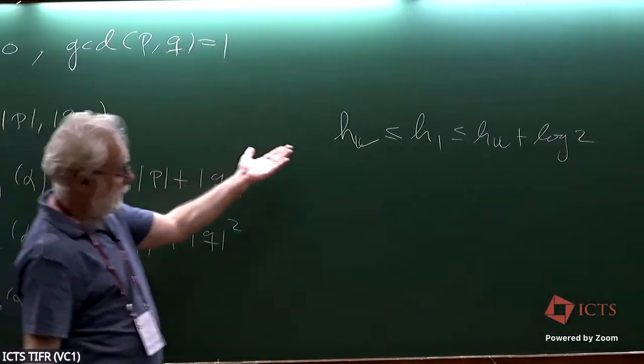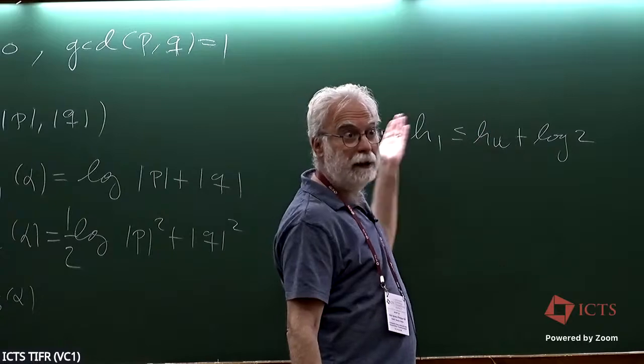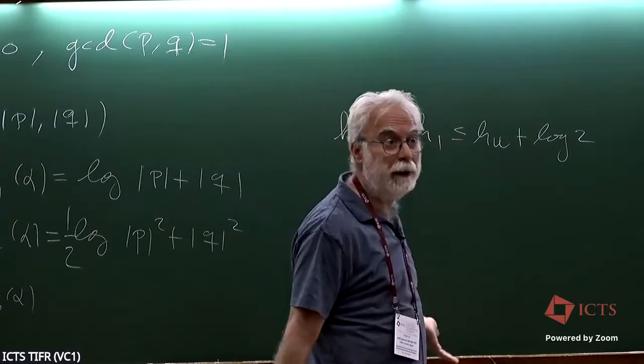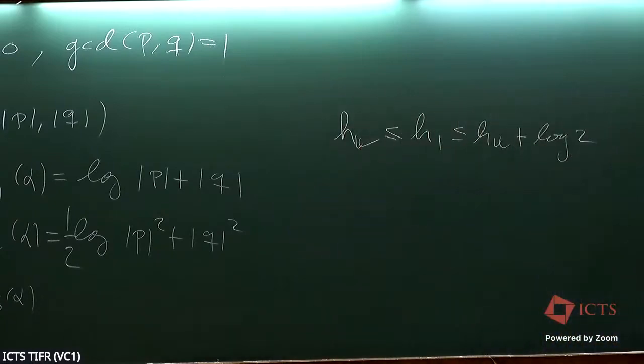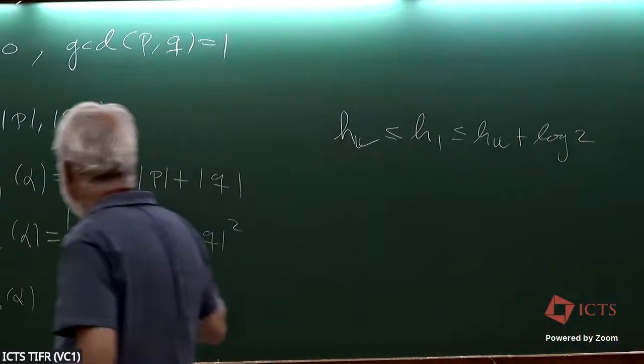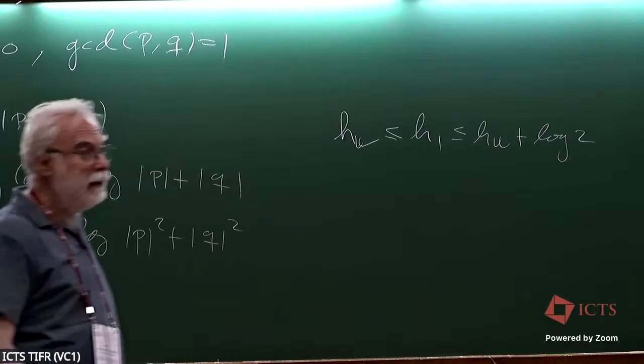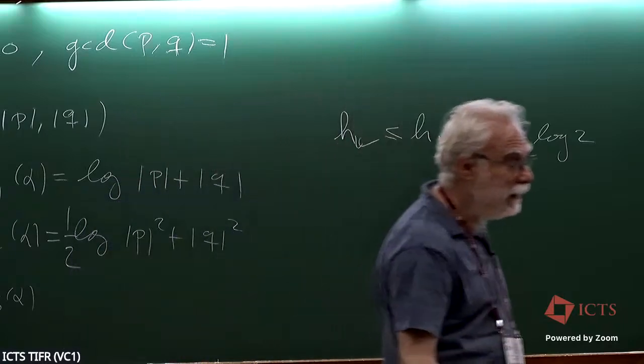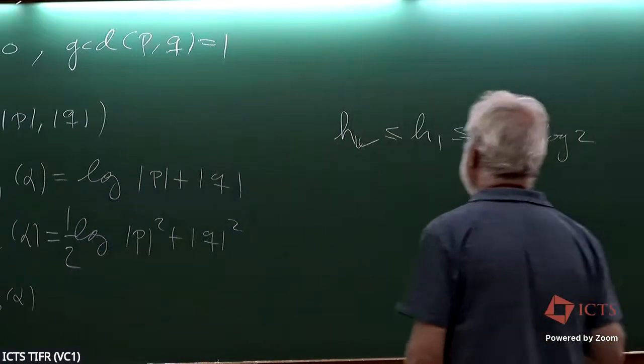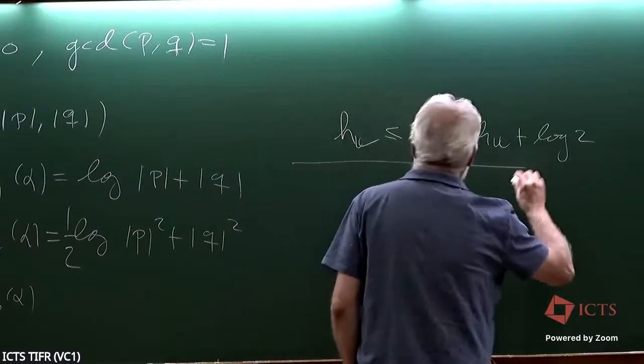Hence, the difference is bounded by a constant. And so if I am looking at finiteness properties, there will be no difference between using one or the other. Okay, so the important point is that there are many height functions, and depending on the problem at hand, you may be interested in one height function or another, and they will have different properties, as we will see.